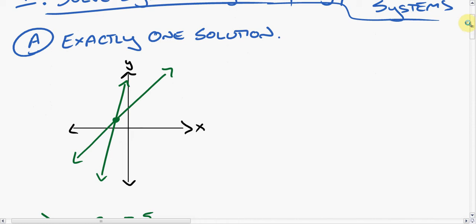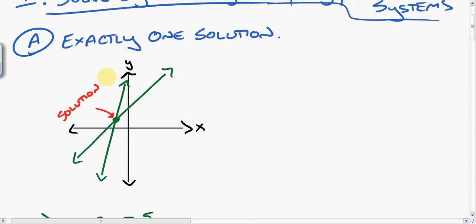In part one of this video, we are just going to be looking at a problem where the result is finding exactly one solution. So this is an example of what an equation like this might look like. You have two lines, they intersect in exactly one point, and that point where they intersect is going to be our solution.